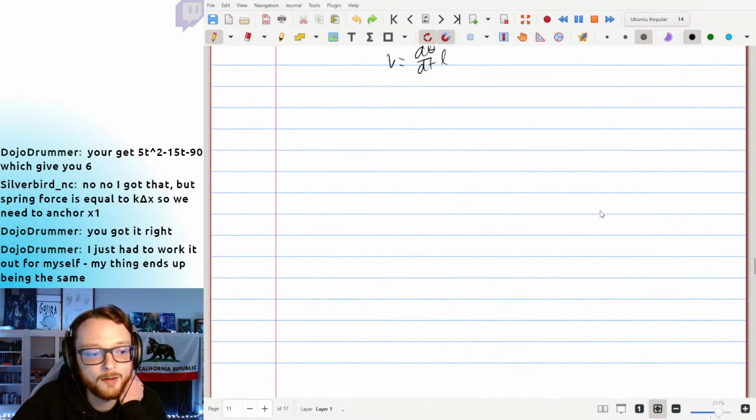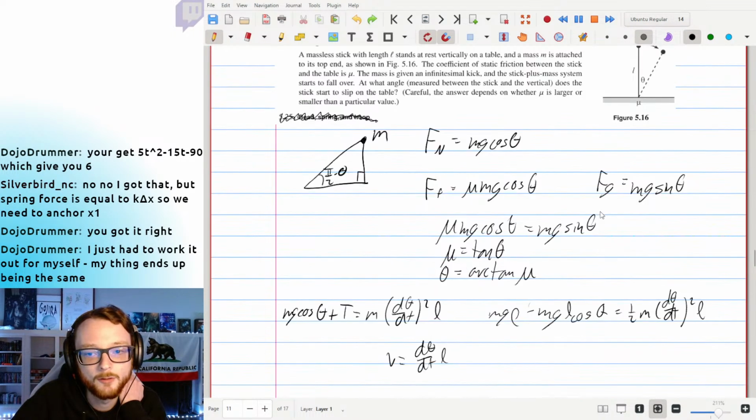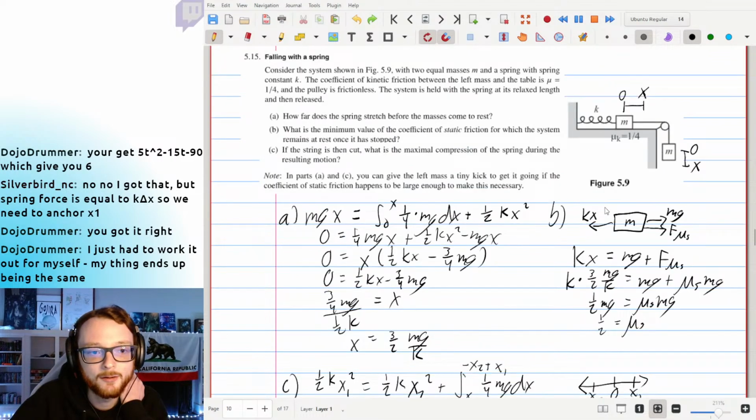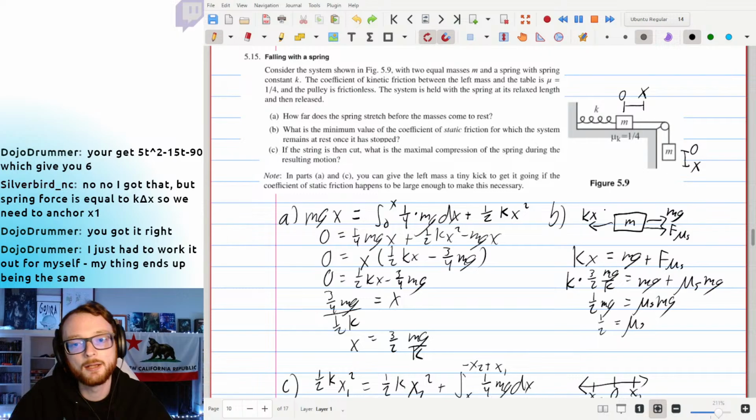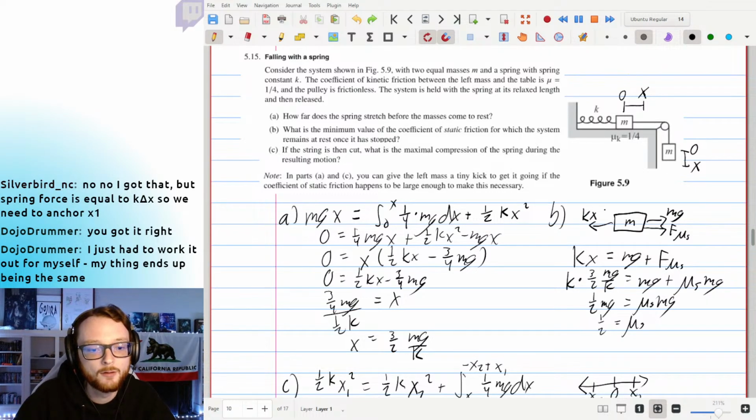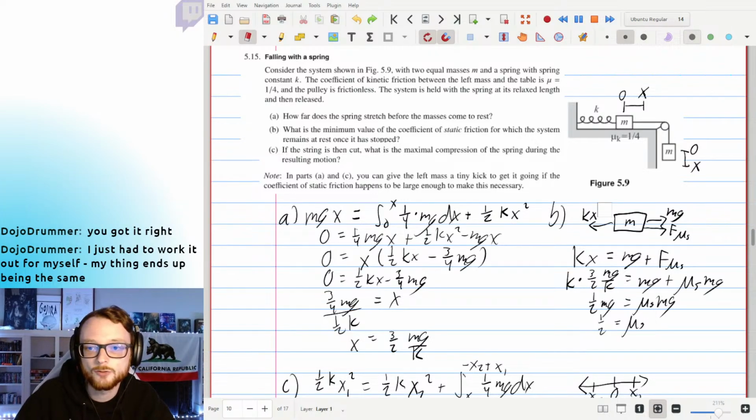Spring force is equal to k delta x, so we need to anchor x1. Yeah. So I did this using energy, I guess, but I found in part A they ask you to get x1, so I found 3 over 2 mg over k. And so the starting position is it's stretched 3 over 2 mg over k.